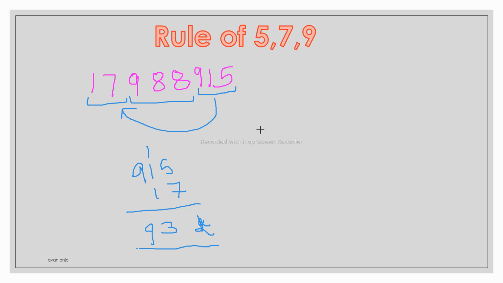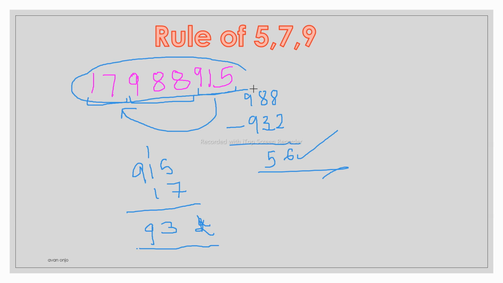Now from 932 I have to subtract 988, which was the middle pair. So you get 56. Now I have to see whether 56 is divisible by 7 or not. Clearly 56 is a multiple of 7, so this whole number is going to be divisible by 7.